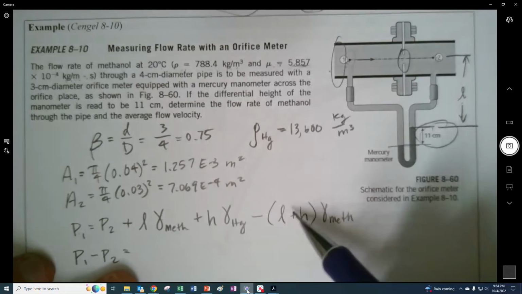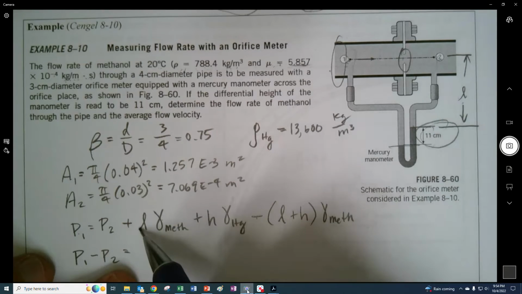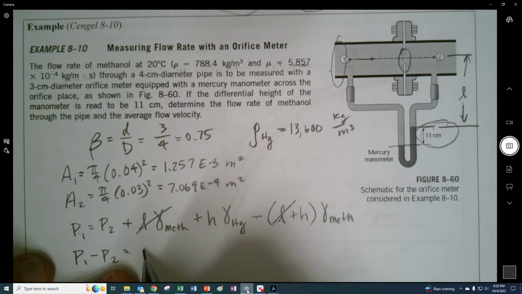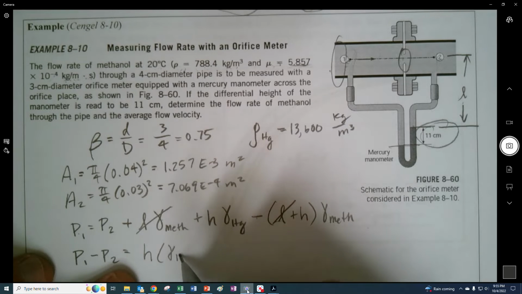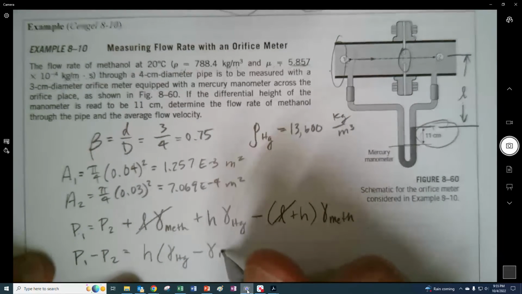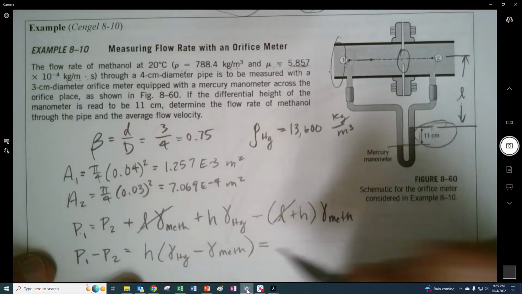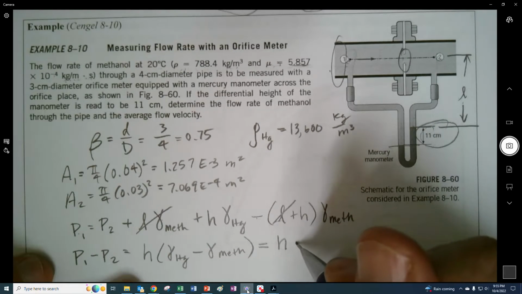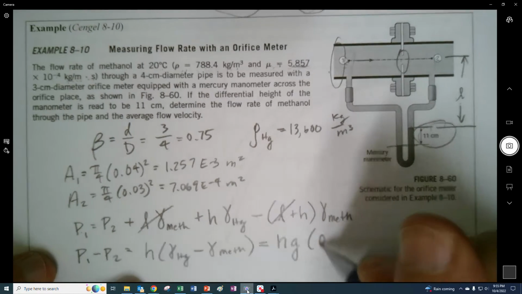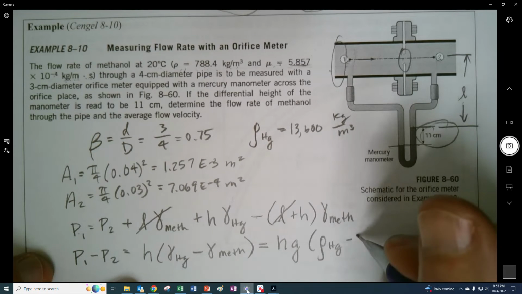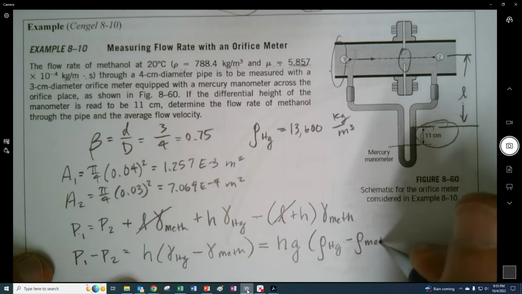We're going to see that I have this minus L and this plus L, so that goes away. What we're left with is H times the gamma of the mercury minus the gamma of the methanol. Notably, that's H times g, times the density of the mercury minus the density of the methanol.